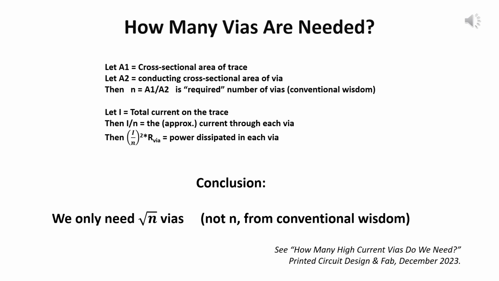That means what we only need is the square root of n vias, not n from conventional wisdom. And the practical reality is we only need one or two less than that. The theory of that and some simulations will be found in a recent article in Printed Circuit Design and Fab, December 2023.